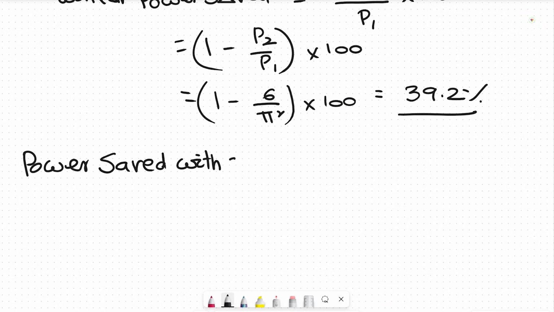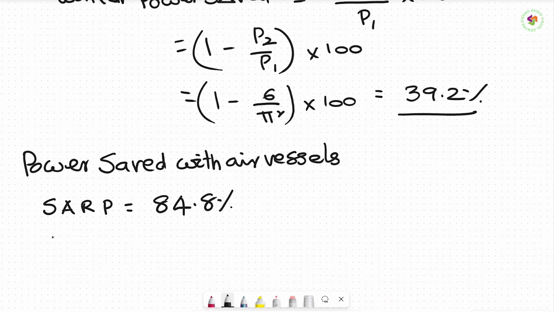From this one more question also, the power saved with air vessels for a single acting reciprocating pump is equal to 84.8%, and for a double acting reciprocating pump 39.2%. So this is excellent.